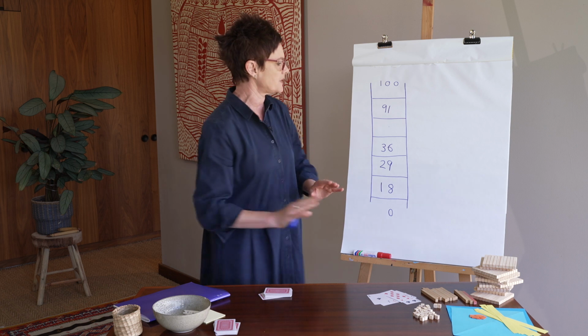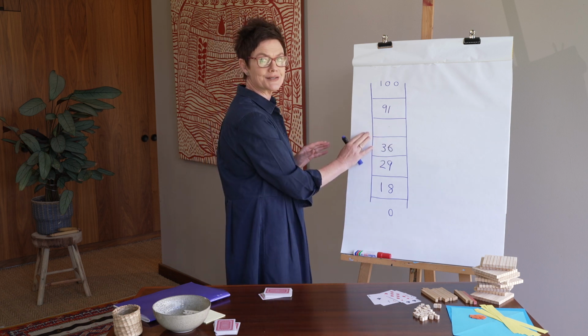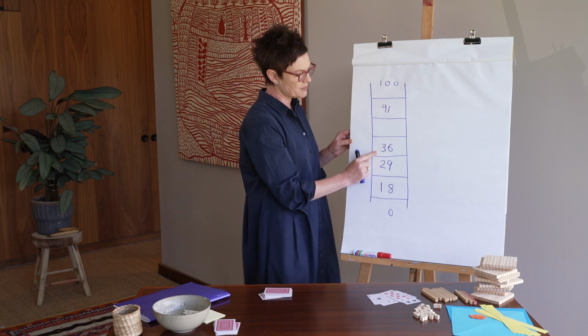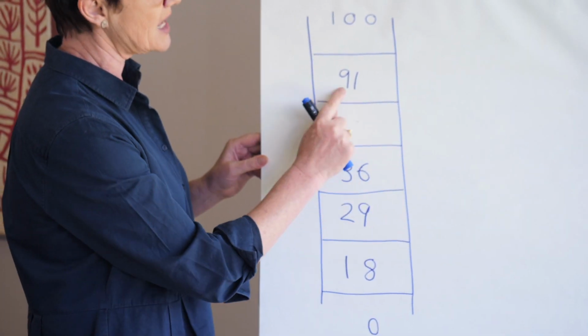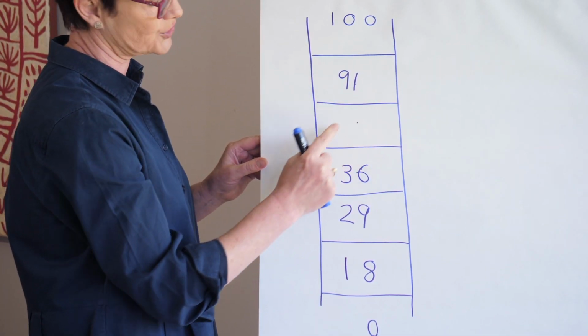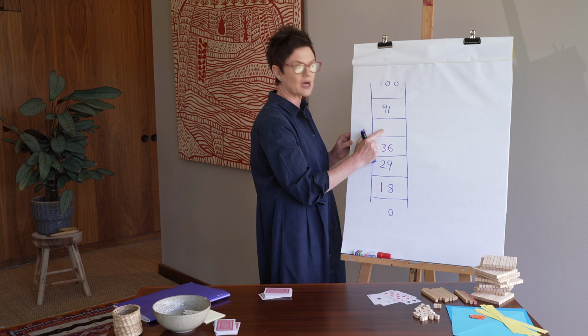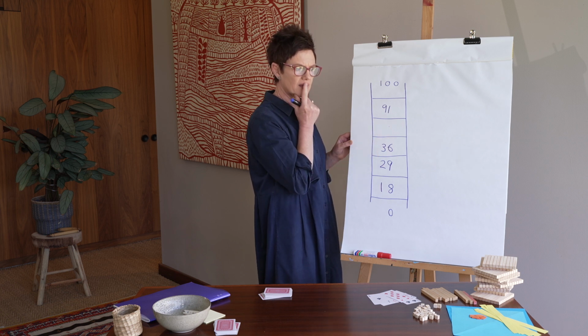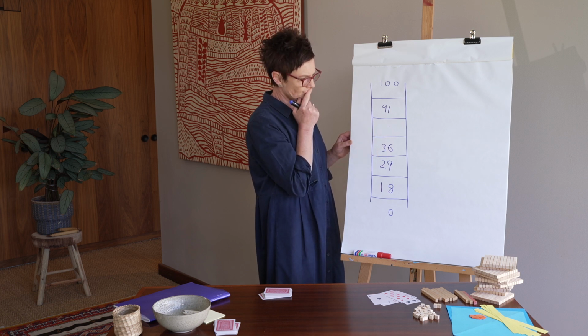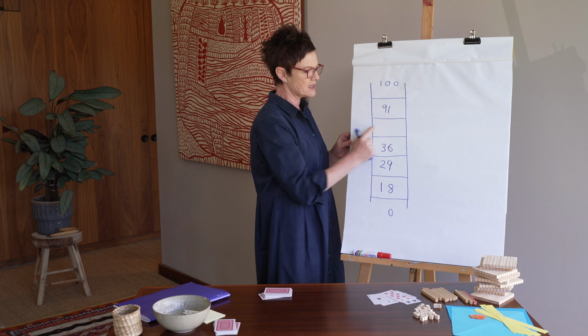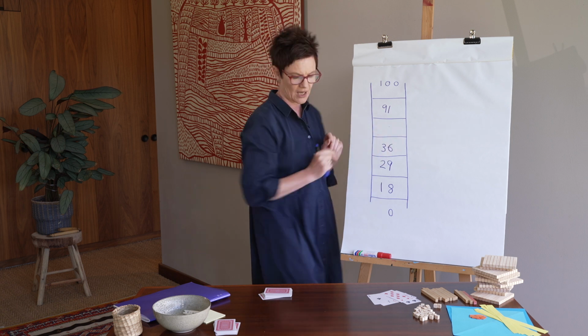Not sure I can hear a drum roll because this is going to be very tricky, isn't it? I've got to get between 36 and 91. So what kind of numbers will I be looking for? Let's have a think. I hope some 4s or 5s or 6s or 7s come up because I might be able to place it there.